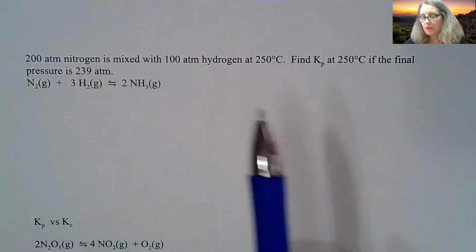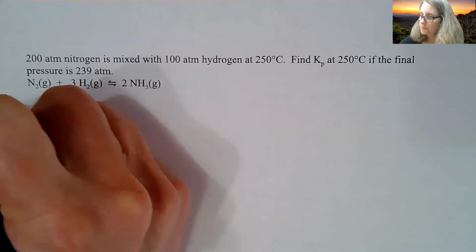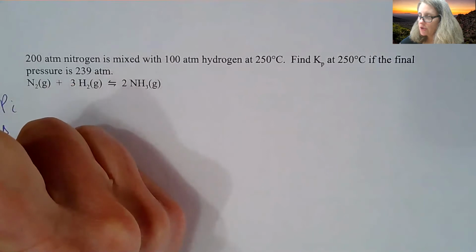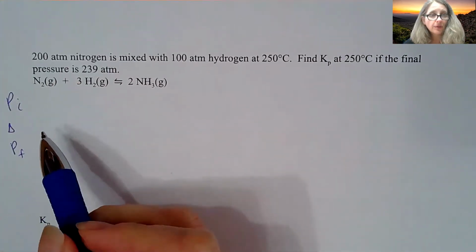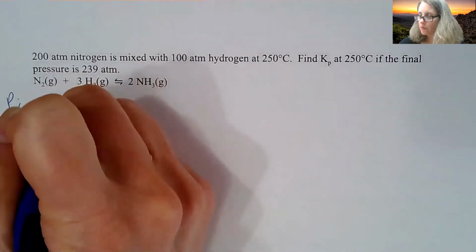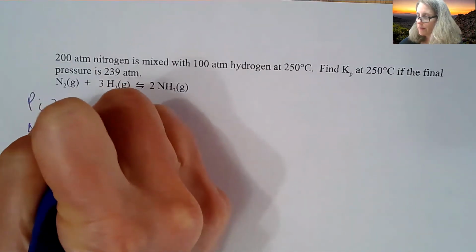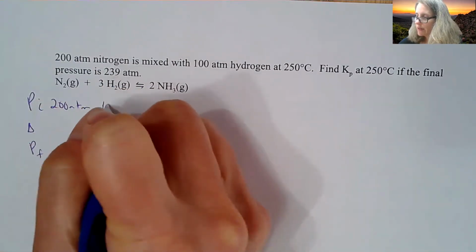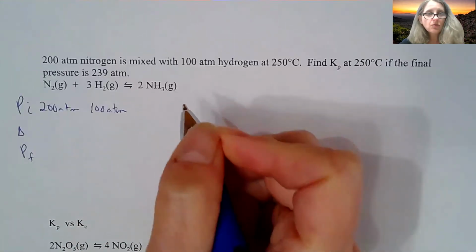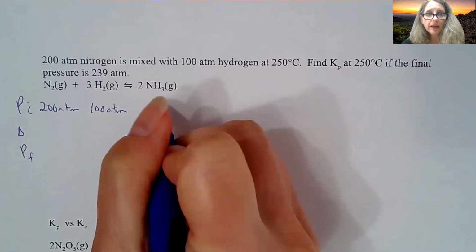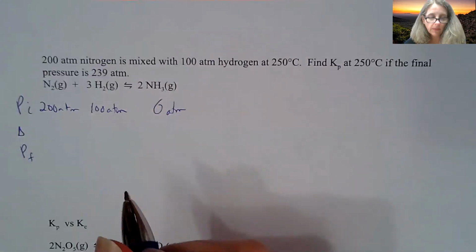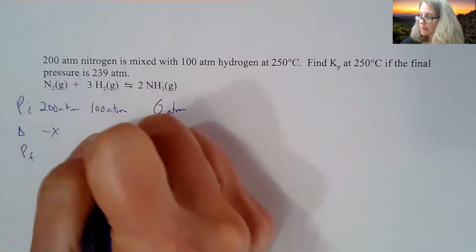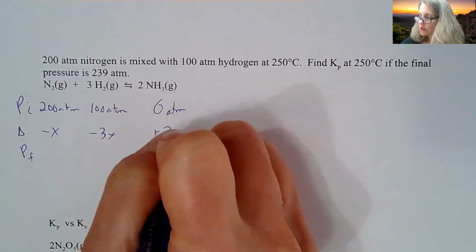What we could do with this is, of course, an ICE chart, essentially in pressure units, like we did before with some other problems. So we have 200 atmospheres for the nitrogen, 100 for the hydrogen, and no ammonia to begin with. Then the change is minus x, minus 3x, plus 2x.